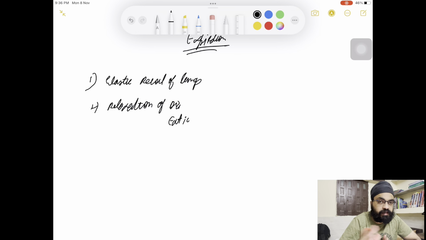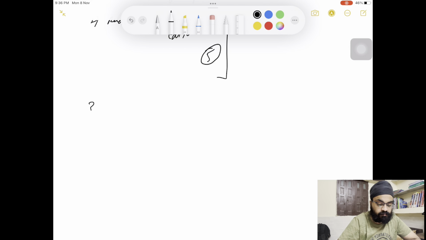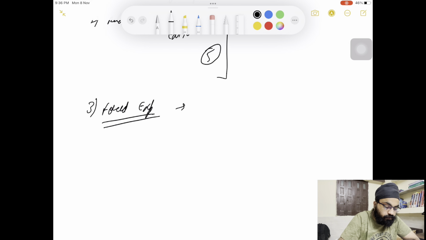And in the case of expiration after deep inspiration, that is deep expiration, again the reason is the same, elastic recoil of the lung and relaxation of all those 5 muscles. But for forced expiration, forced expiration is basically required for the patients with COPD.